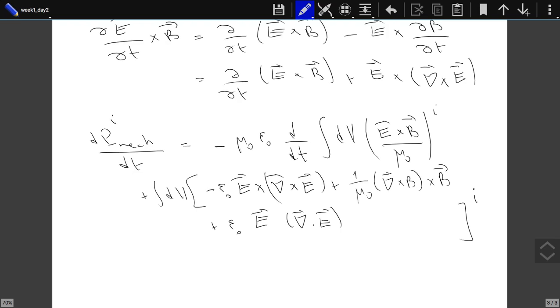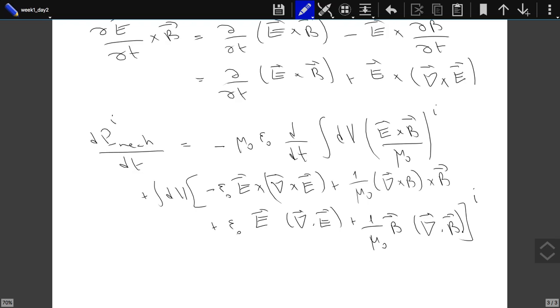That is not that nice, but we can correct it. Let's add that term. If everything were symmetrical, then we would have this term, 1 over mu 0, B times the divergence of B. So if we add that term, things look quite symmetrical between the electric and magnetic field.